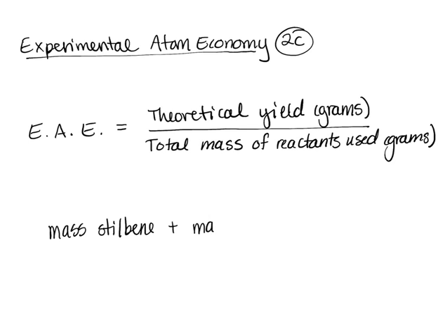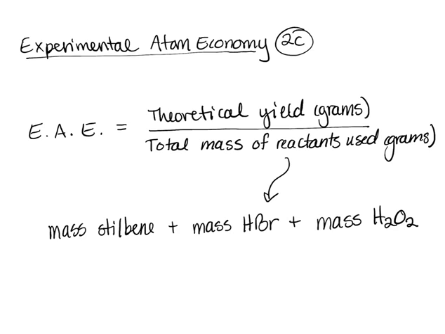All right, so we need the mass of stilbene plus the mass of HBr that we used plus the mass of H2O2. The mass of stilbene will be 0.5 grams if you're doing the lab online. If you did the lab in person, that will be whatever you weighed out in person.